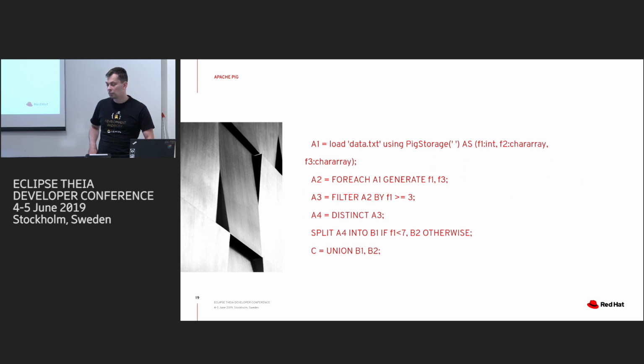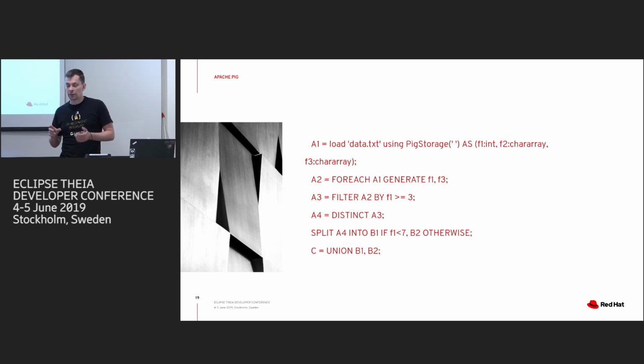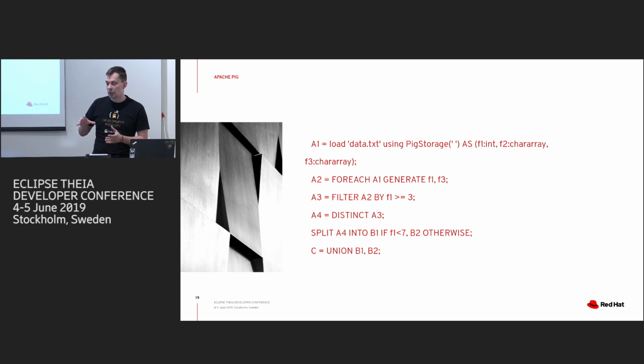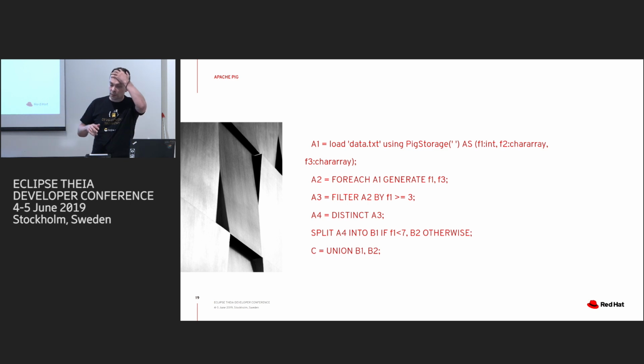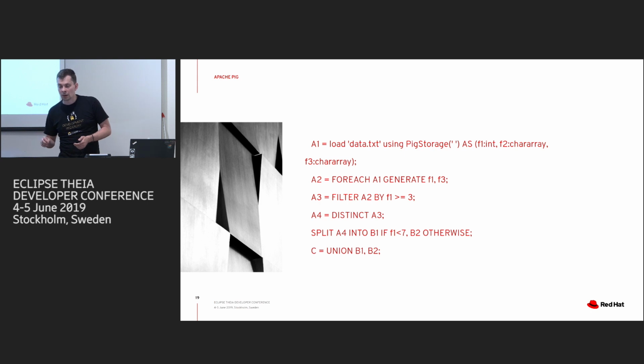Let's have a look at a sample. It's a script that does the following things. The first line loads some data and parses it, and this data contains several properties. First of all, an integer, and then two string values. Then line number 2 gets rid of field number 2 and keeps the first and the third field.